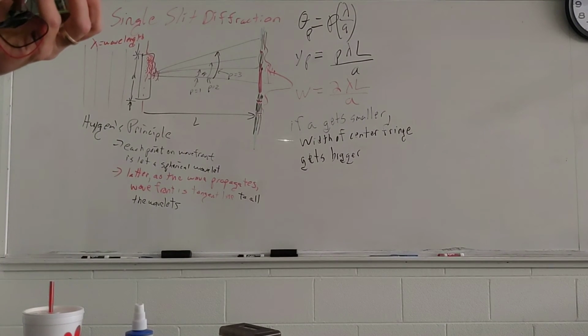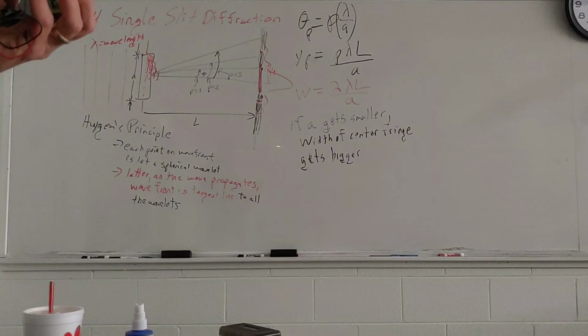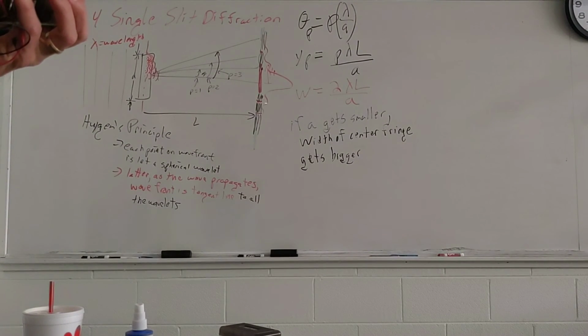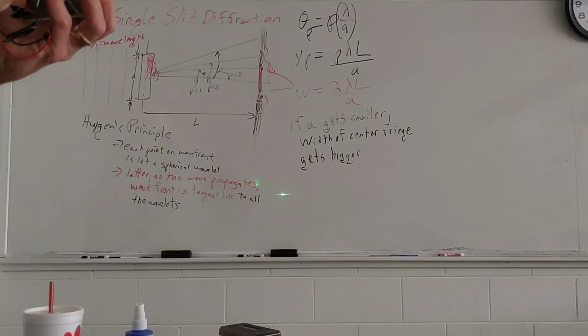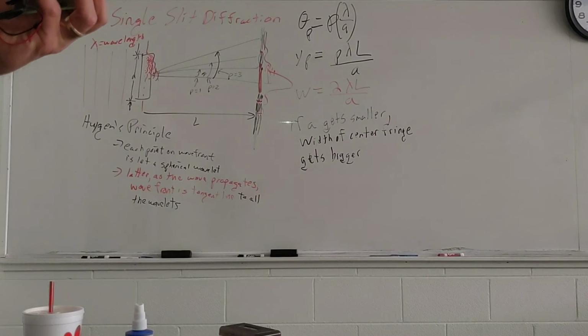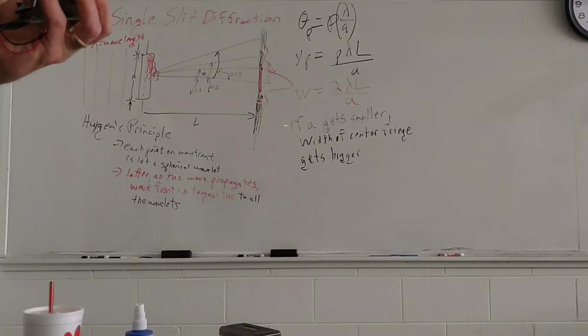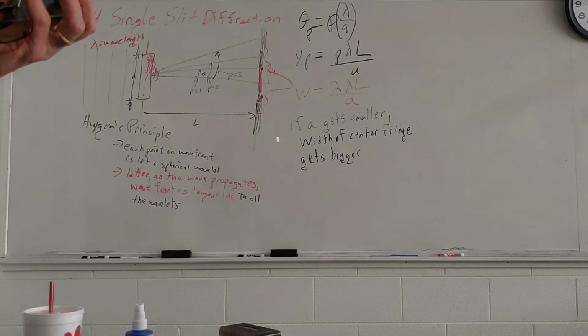If I shine it right here, it's hard to see the ones past the first order on that. You can see them on the edges. Yeah, this is a single slit here. You can see it start spreading out with this one.